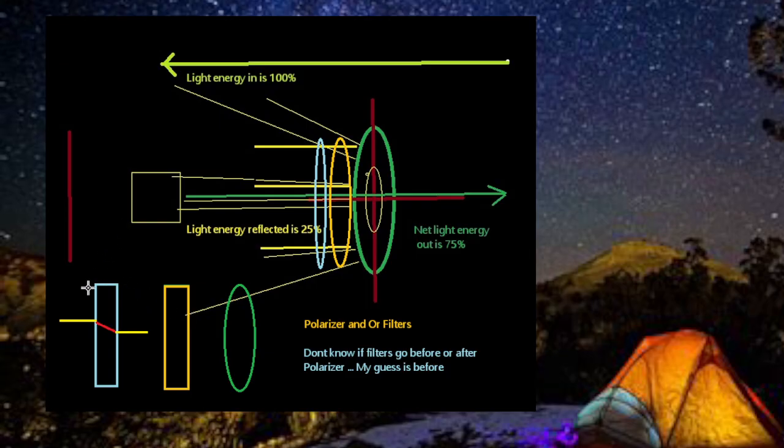So if all of the beams are shifted upward, it takes into account this index of refraction of these lenses and these filters and polarizers and stuff. I don't know exactly what kind of effect that's going to have yet. Some of this is trial by error. I'll just deal with it when it happens, right?